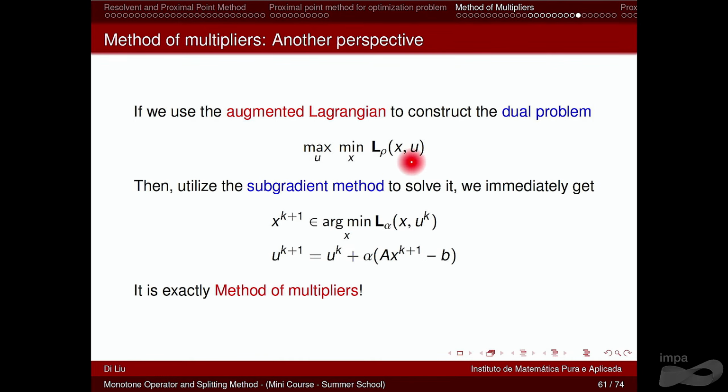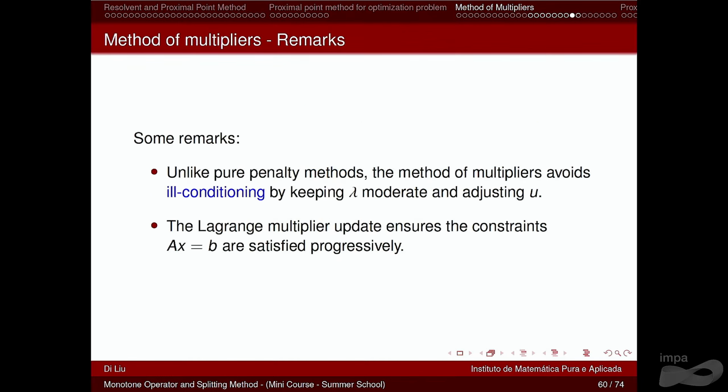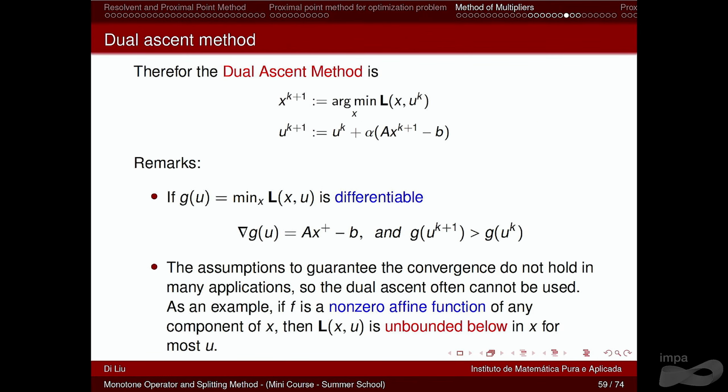If we use the subgradient method for this dual problem, we can also get the same method, which is exactly the method of multipliers. So next class, we will give two ways to get the method of multipliers, and also compare it with another primal-dual method, which is called the dual ascent method.